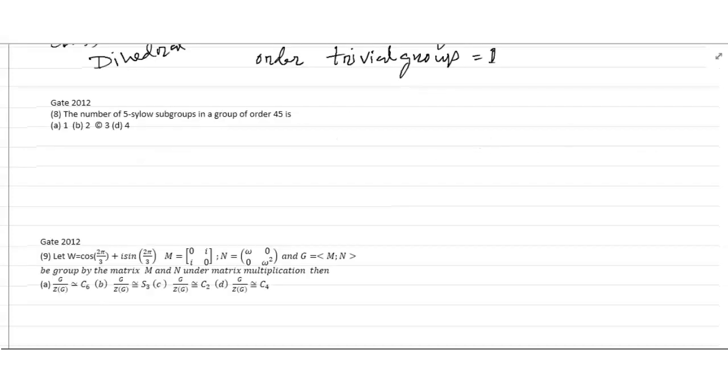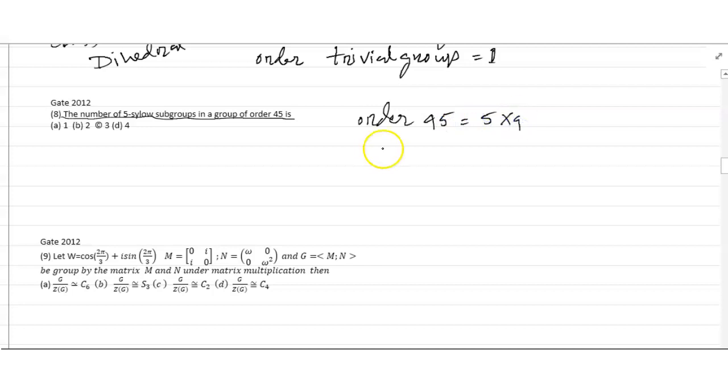So friends, again this question is coming from Sylow groups, the number of 5 zero subgroups of order 45. So order 45 can be written as 5 into 9. This is the order of the 5 zero subgroups. So how can I find out that 1 plus 5k divides 9?